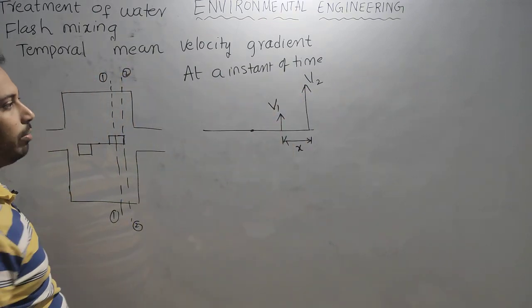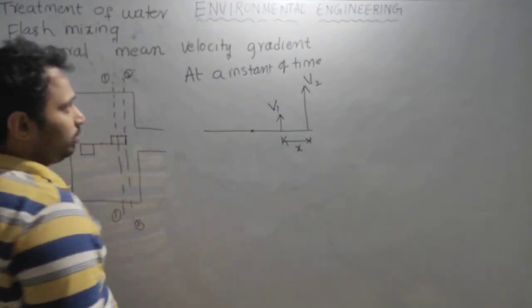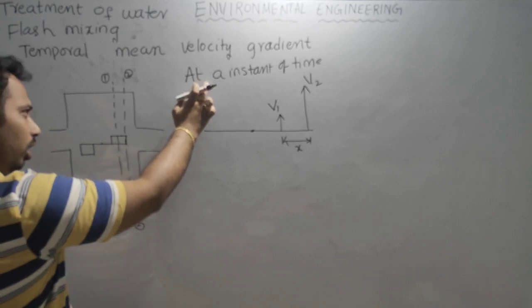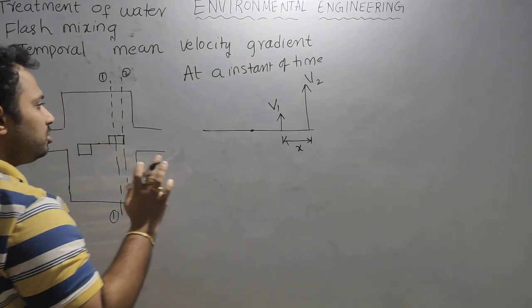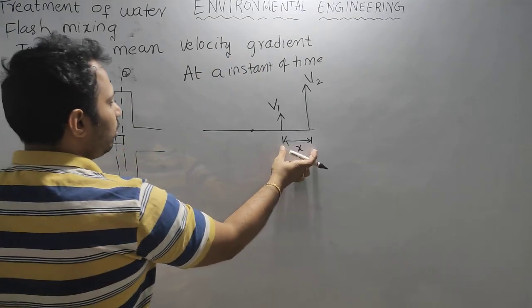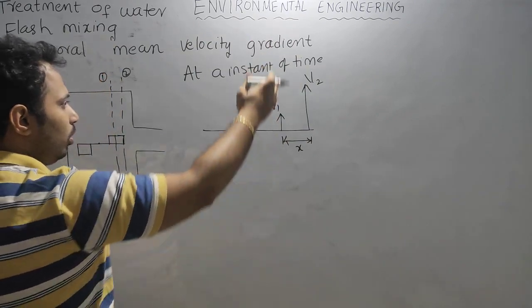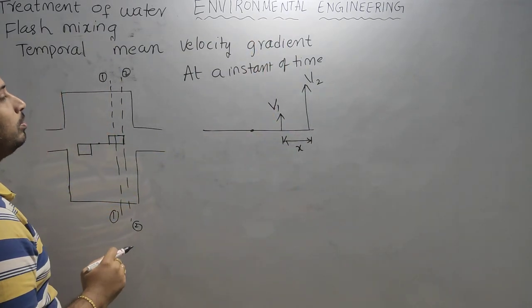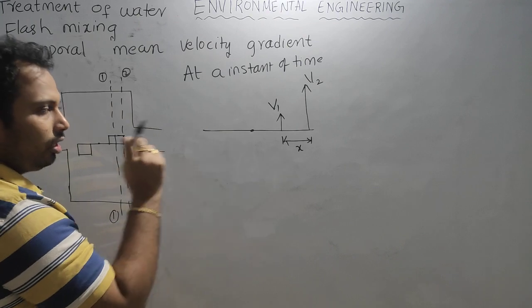At an instant of time means temporal. Mean means you are taking a mean of velocities of a particular axis.